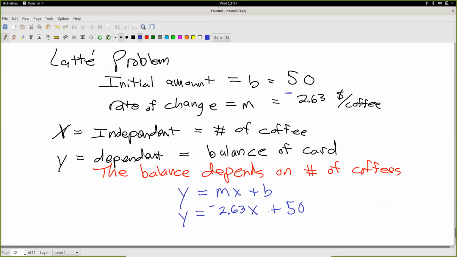They're using a capital B, not a lowercase b. So my equation would be capital B equals negative 2.63 T plus 50. And so that's what we're going to analyze for the second part.